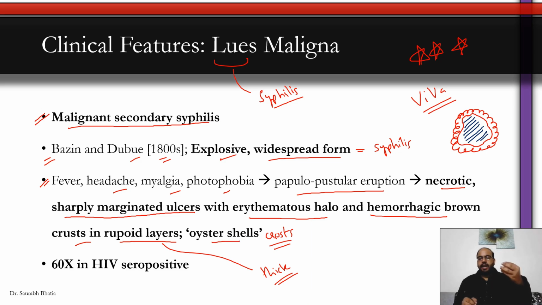They may be hard, and the appearance also looks like a laminated appearance of oyster shells. Lues maligna is about 60 times more common in patients who are seropositive for HIV. Again, immunodeficiency. So it is 60 times more common in immunodeficient patients.